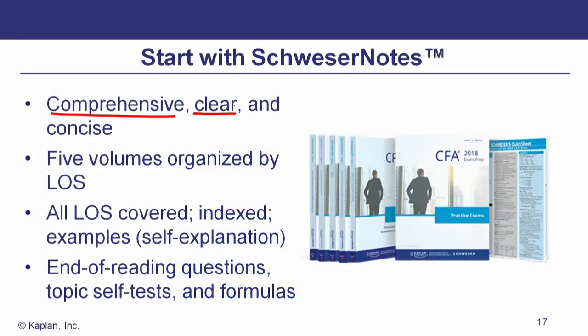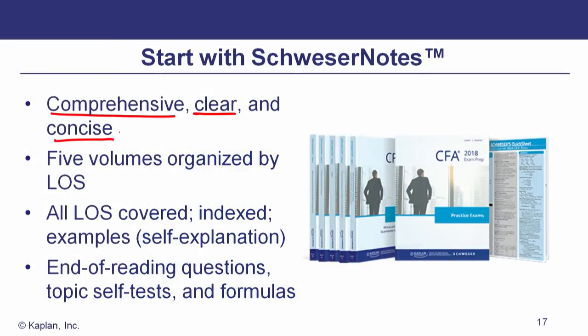You take the words that may not be very easily understandable and put them in user-friendly language. So very clear, and then finally concise, saving time. So we realize that your time is valuable to you. You can easily spend lots of hours preparing for this exam. So we want to not waste any of your time that we can save, and therefore the material is a lot more concise than the underlying curriculum.